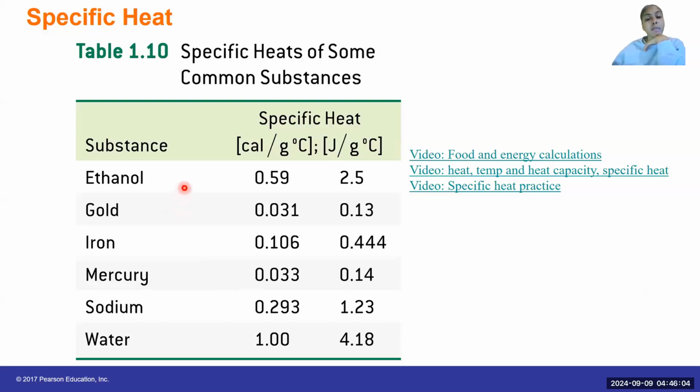Which one of them requires the most amount of energy to raise the temperature by 1 degree? Water. That means that it takes a lot more energy to raise the temperature of water by 1 degree than, let's say, gold or mercury, right? You only need a small amount of energy to raise their temperature by 1 degree.